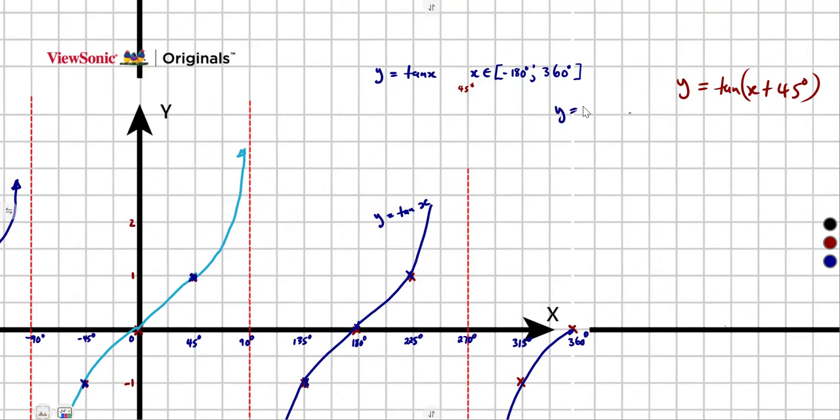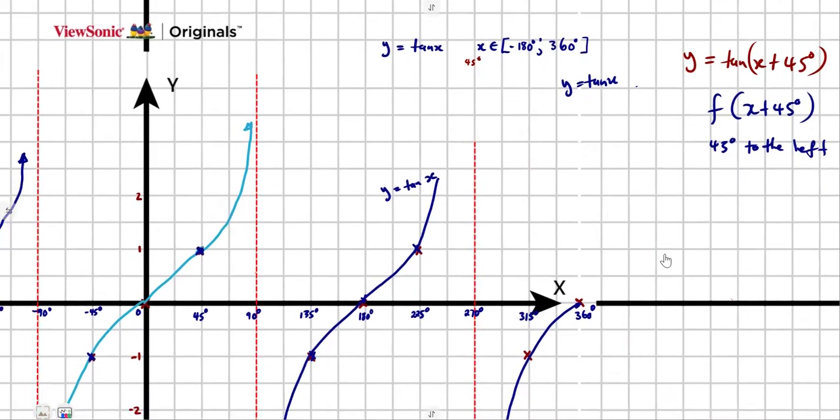From the graph of y is equal to tan of x, it simply means we substituted x plus 45 in place of x, which shows us that it's 45 degrees to the left. Remember, a plus means to the left. 45 to the left, horizontally.